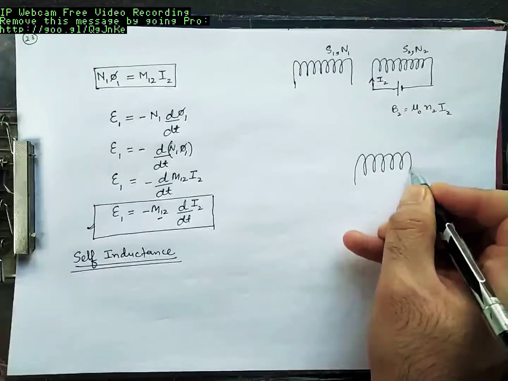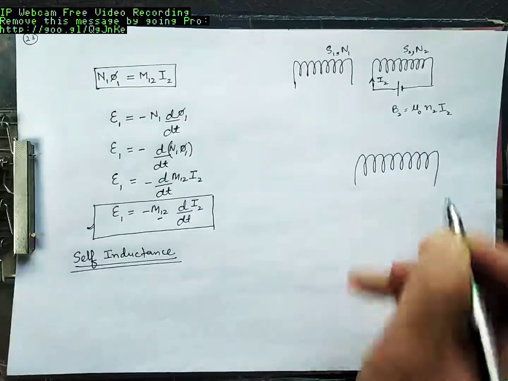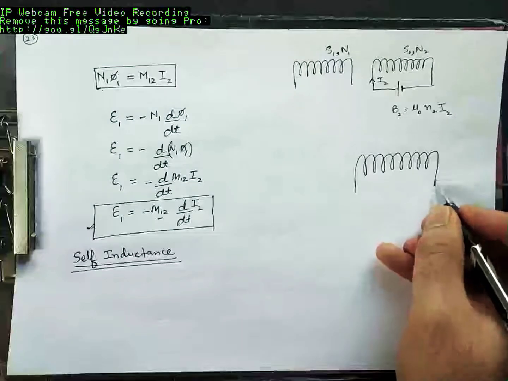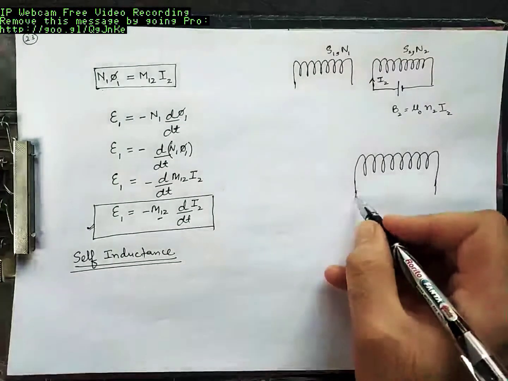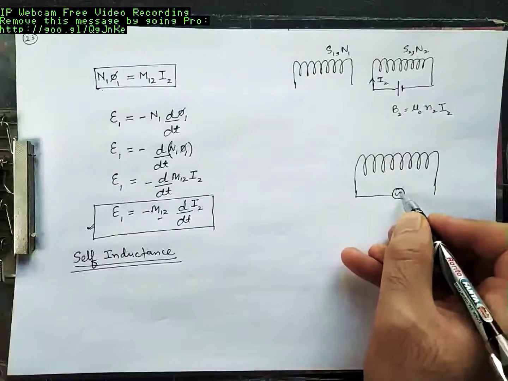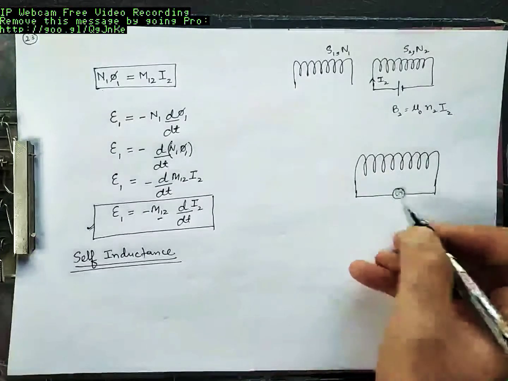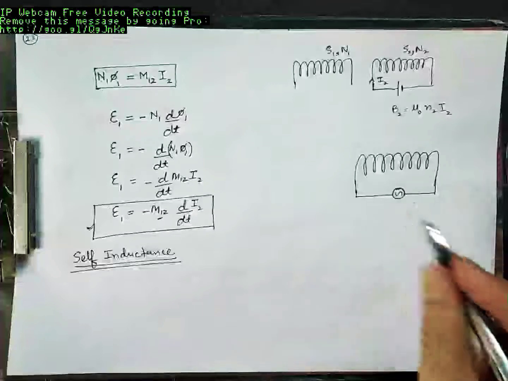Yesterday I told you the difference between mutual and self-inductance. I have a single coil over here, connected to a voltage source. This means a changing AC voltage source. We'll study this in the next chapter.